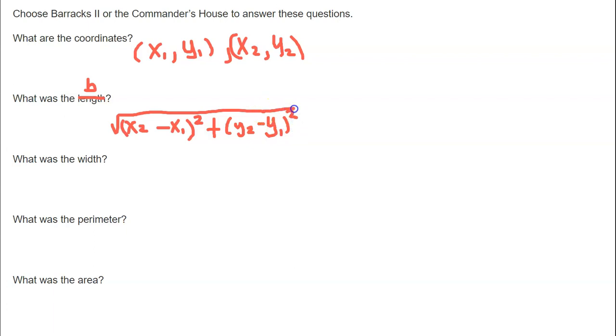You can use a calculator for this to make your life easy. You're going to do the exact same thing to determine the width.